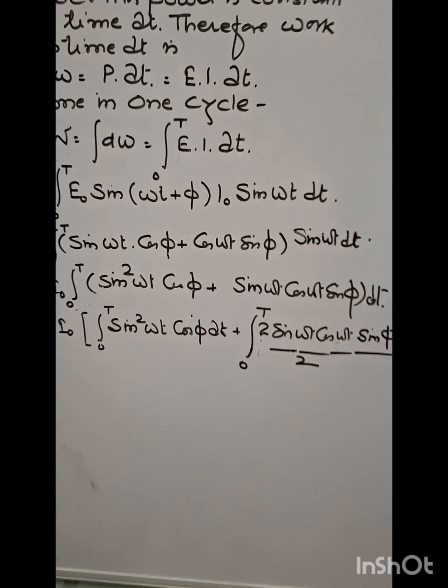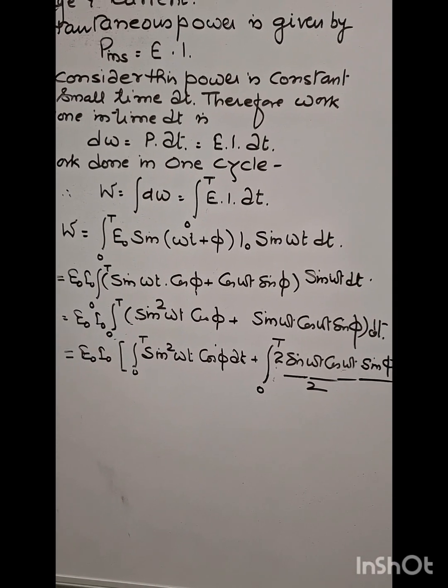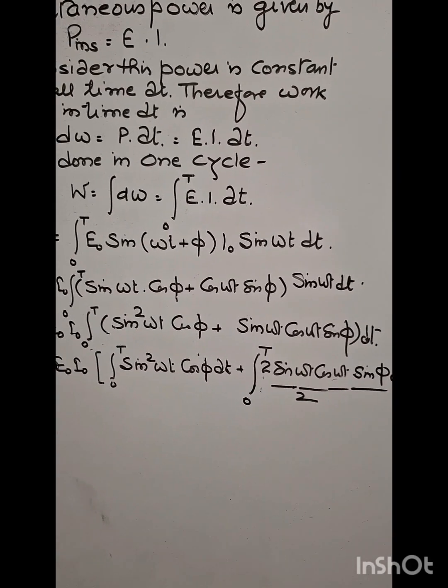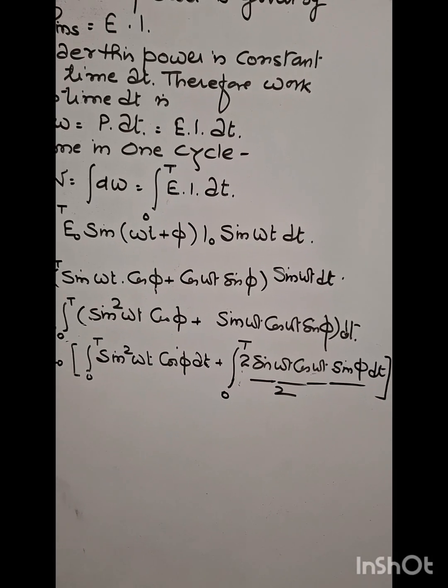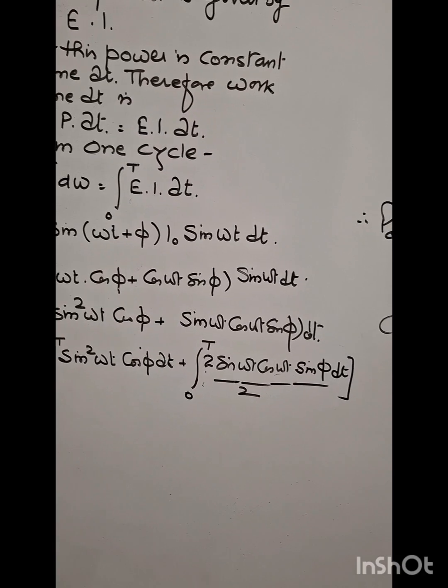We have divided this integration into two parts. One is sin square omega t cos phi, and the second one is sin 2 omega t sin phi upon 2.